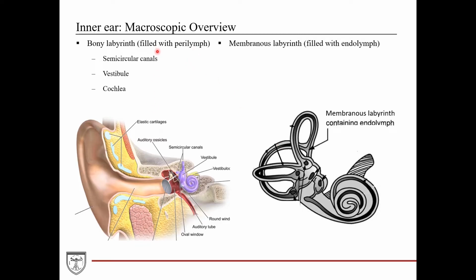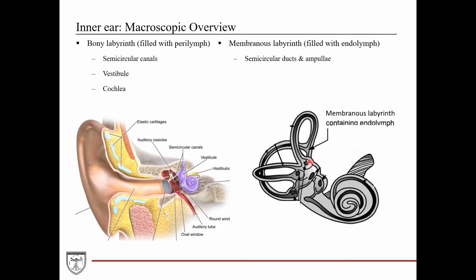Since the bony labyrinth had these 3 sub-regions, these complex tubular structures of the membranous labyrinth too have their specific regional names. The membranous labyrinth tube that runs within the semicircular canals is called the semicircular duct.